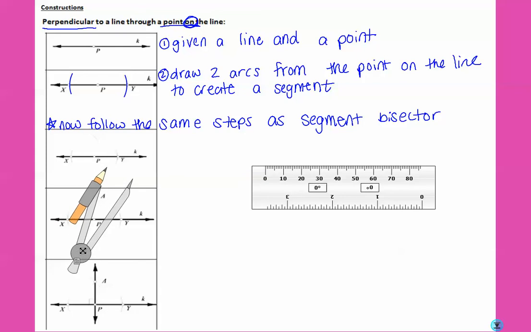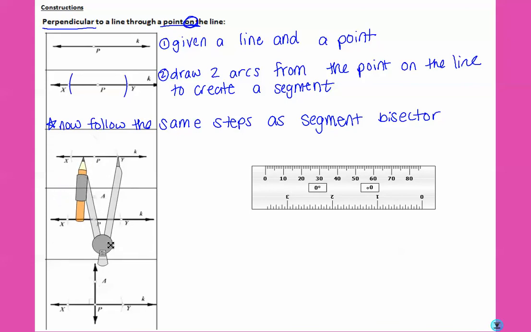So if you recall, we put the center of our compass on one of the endpoints. We make sure that our compass is open a little more than halfway.